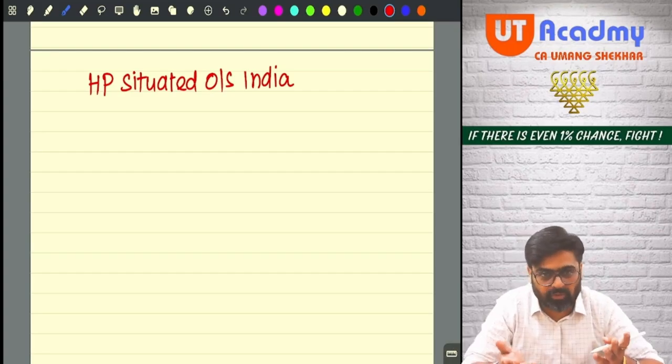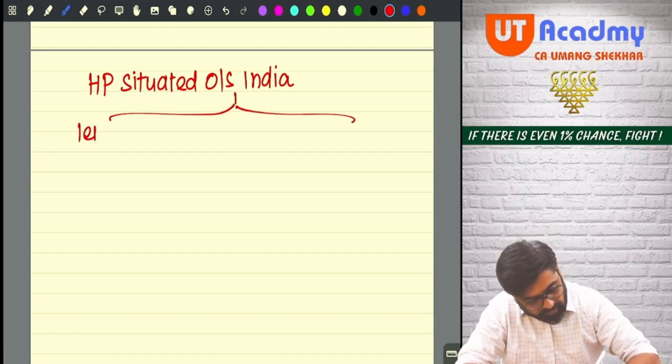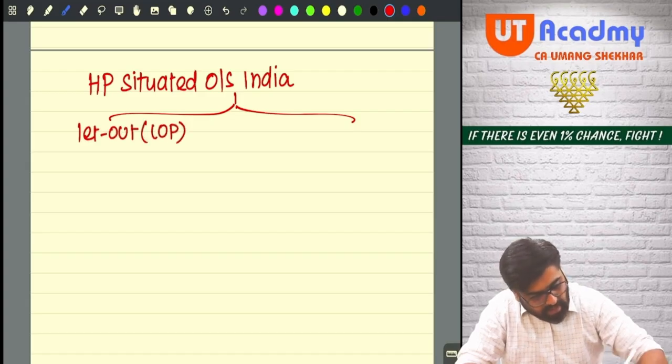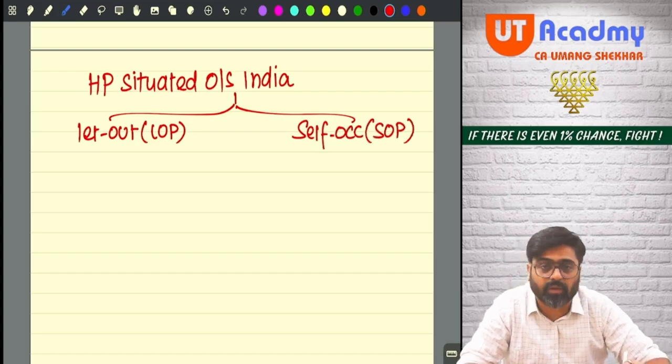So there can be two possibilities. The house property which is outside India can be a let out property, meaning LOP, and it can be a self-occupied property, meaning SOP. Yes or no?